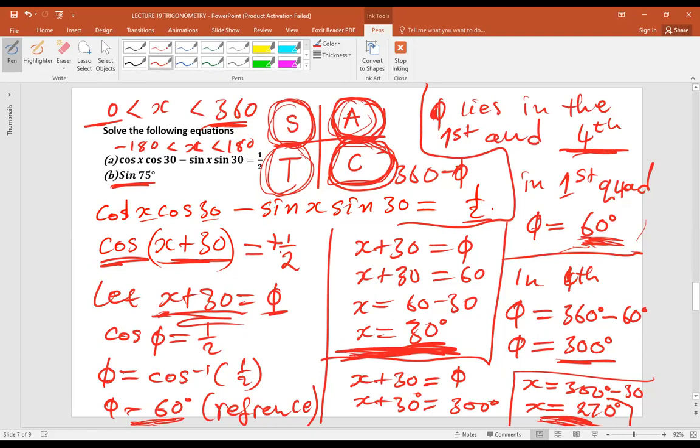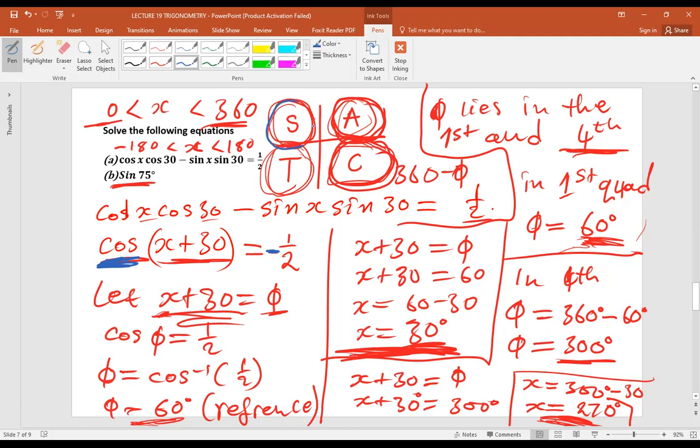Yeah. At least. So if we had a minus this side, if for instance this was negative half, we would have said cos is negative where?